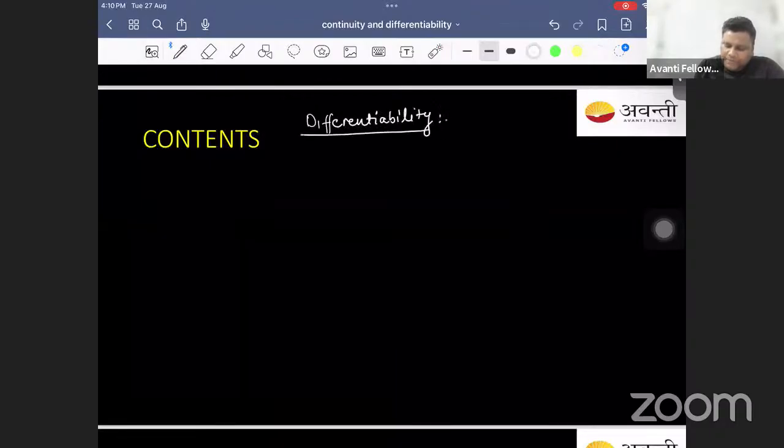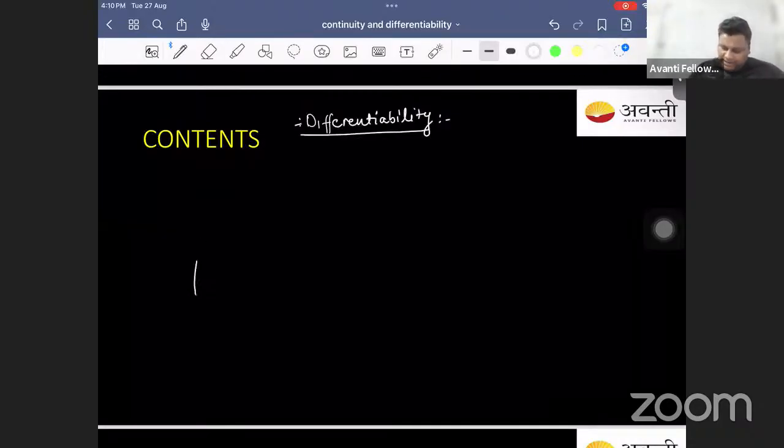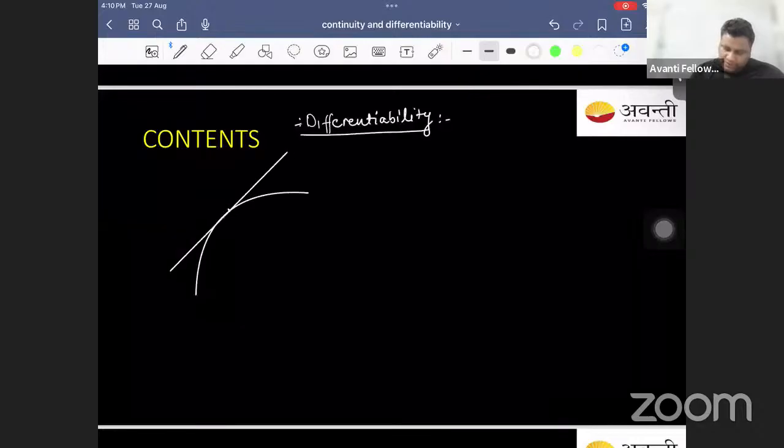Differentiability. Now, first of all, a very simple and straightforward meaning of what differentiability is. Say this is a curve. Are you able to draw a tangent on this curve at this point? The plain answer is yes.